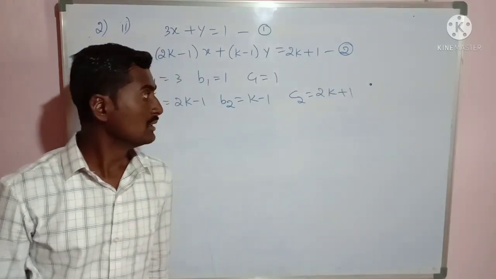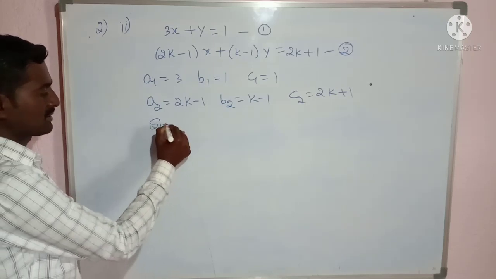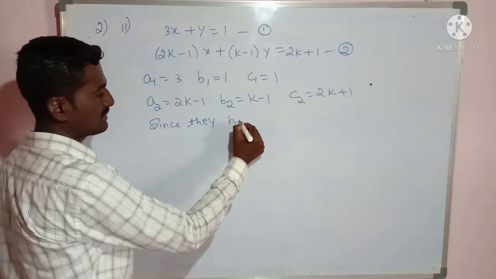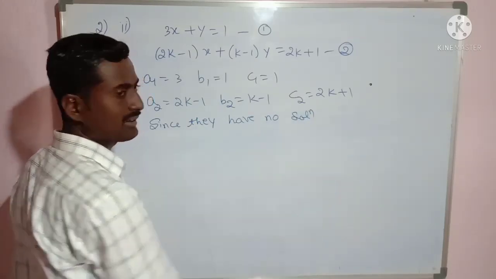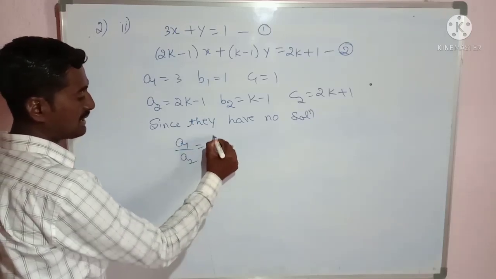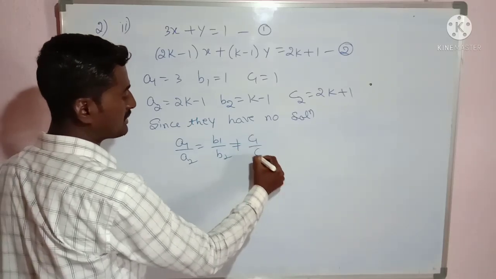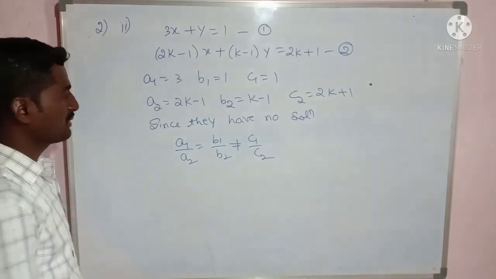Now since they have no solution, what can I write as the conclusion? A1 by A2 is equal to B1 by B2 is not equal to C1 by C2. Now let us substitute the values.